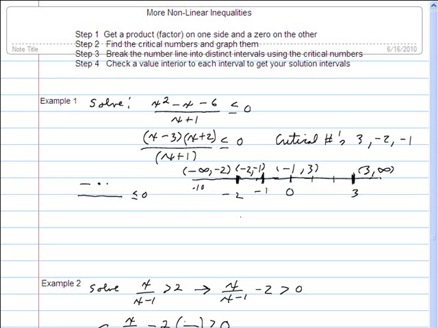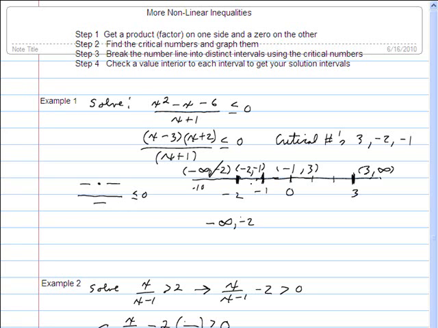Negative 10 plus 2 is negative. Negative 10 plus 1 is negative. So I get negative times negative over negative, and that's 3 negatives, so the answer is negative. It's supposed to be negative. There's my first solution interval, negative infinity to negative 2.